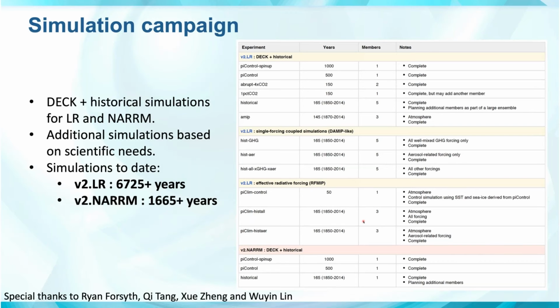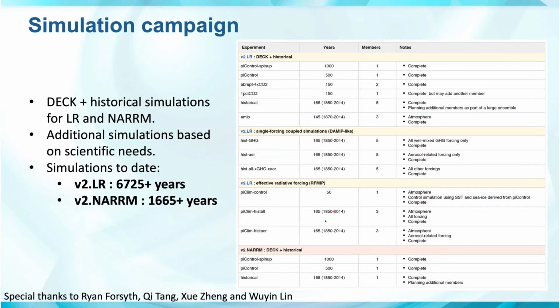This is where we are in terms of the simulation campaign. I don't need to go through all of them, but with the low-res, we're doing the spin-up plus historical simulation. We have been doing some DAMIP-like simulations, which are essentially single forcing coupled simulations. We have done some RF-mid simulations to compute effective radiative forcing.